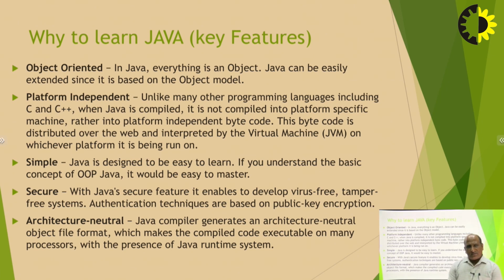C is a structured programming language, and it does not support the concept of object oriented programming. Another limitation is that the data in C programming is not secure, because the concept of data hiding is not there.